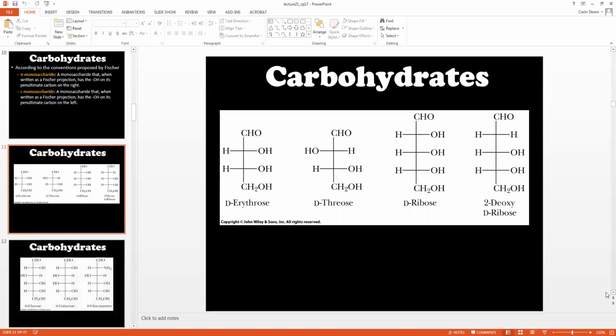So if we think about this then, D-erythrose is D because it has this hydroxyl group on the right. D-threose is also D because this hydroxyl group is on the right. D-ribose is because this hydroxyl group is on the right. And 2-deoxy-D-ribose is also because this hydroxyl group is on the right.